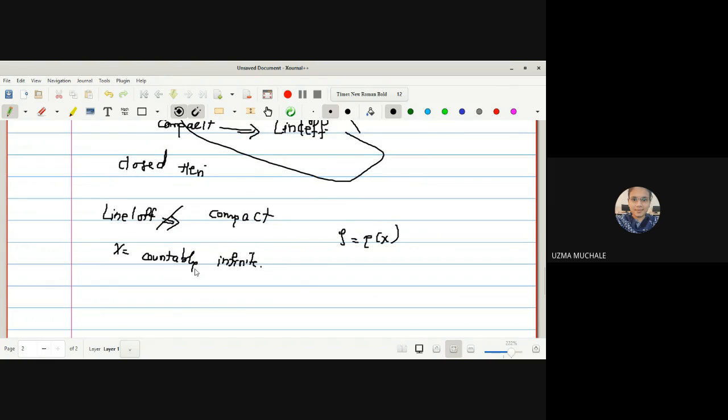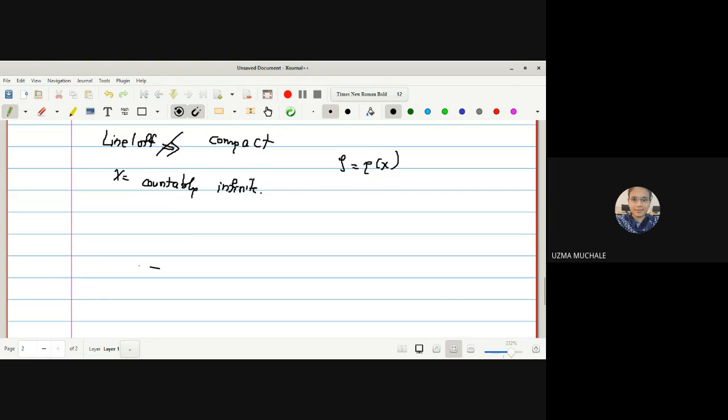Why will this not be a compact space? Because you can see here, suppose I have selected all the singletons of X as an open cover, but what will be the finite subcover for this one? We cannot find a finite subcover, because X is countably infinite. So you cannot find a finite subcover, but you can find a countable subcover, because X itself is given to us as countably infinite.